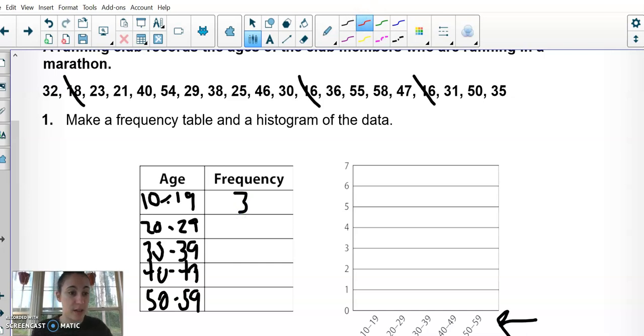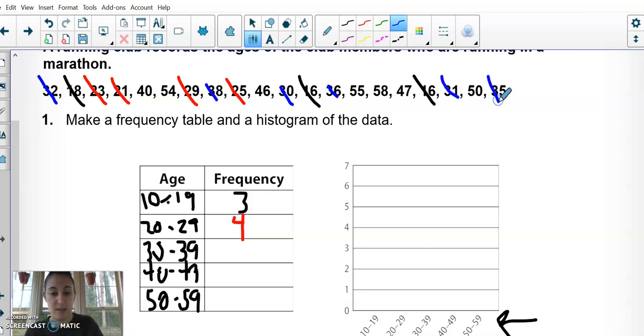And then 20 to 29, 1, 2, 3, 4. 4 numbers there. And then 30 to 39, 1, 2, 3, 4, 5, 6. And then 40 to 49, 1, 2, 3. And then lastly, 50 to 59. So 1, 2, 3, 4.